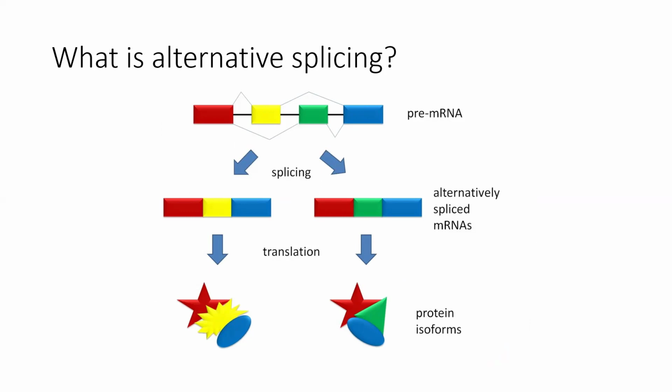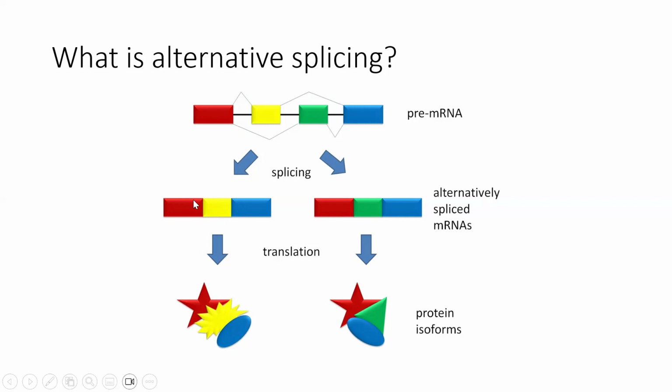And what happened, it can also depend on how it's being spliced. So if these colorful ones are your exons and the in-between spaces are your introns, these arrows are showing where it's being spliced.